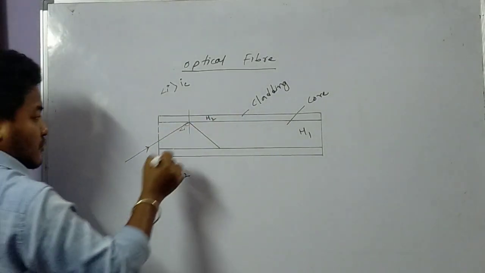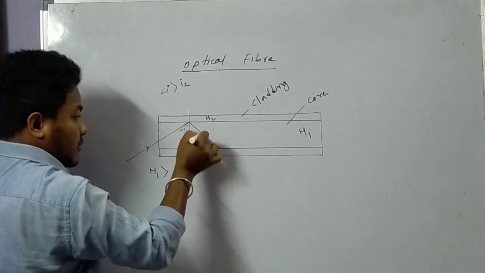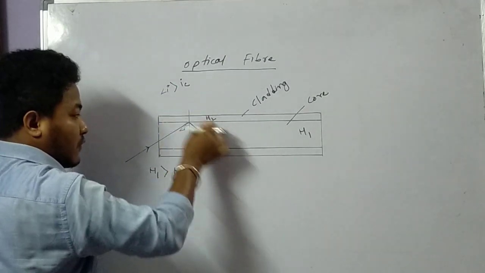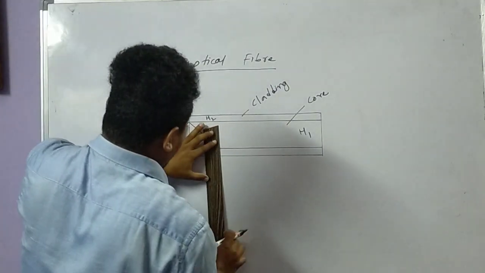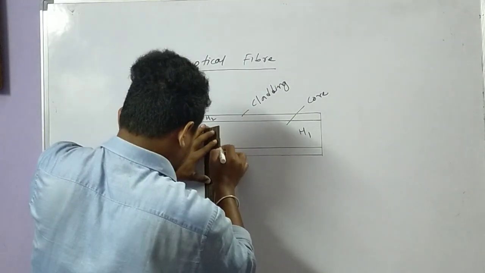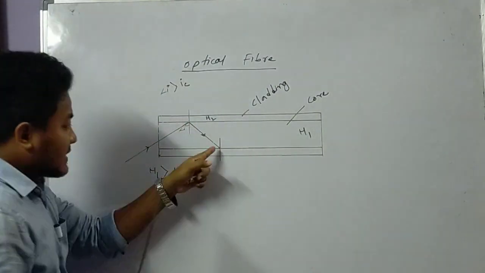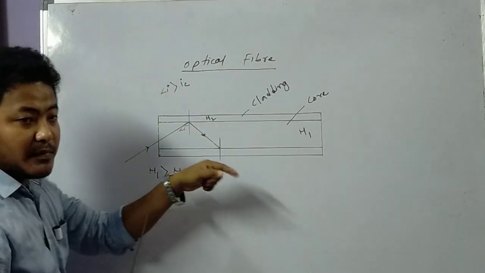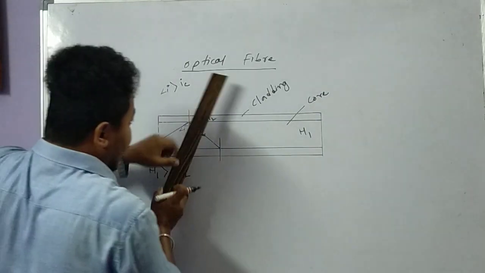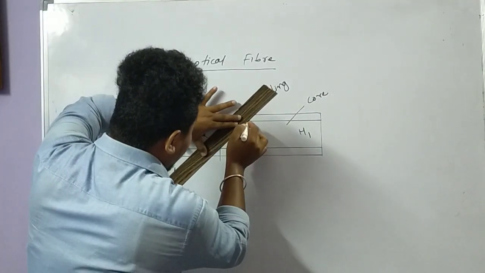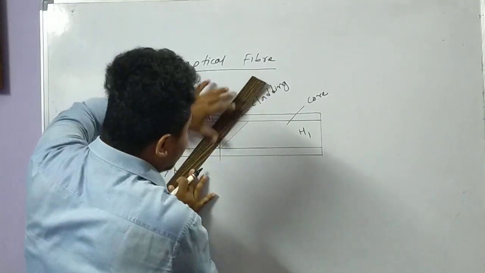Is that clear? Like that, there will be total internal reflection and it will move this way. Again, similar things will happen here also. This is the normal. If I draw it, again the angle of incidence will become greater than the critical angle, so similarly this ray will again undergo total internal reflection.